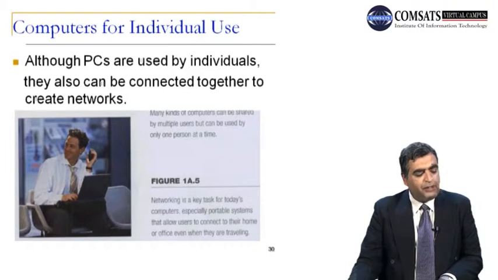Sun systems are used in diverse applications such as medical imaging and computer-generated animations. In fact, networking has become one of the most important jobs of personal computers, and even tiny handheld computers can now be connected to networks.